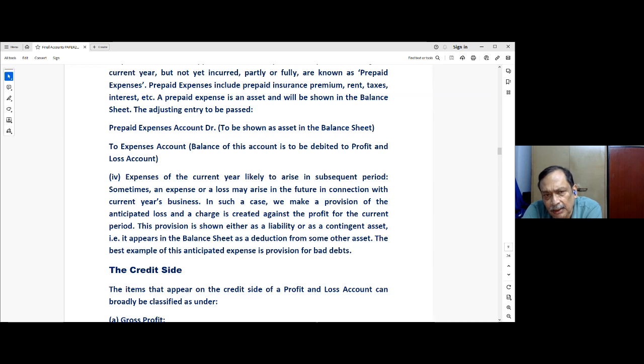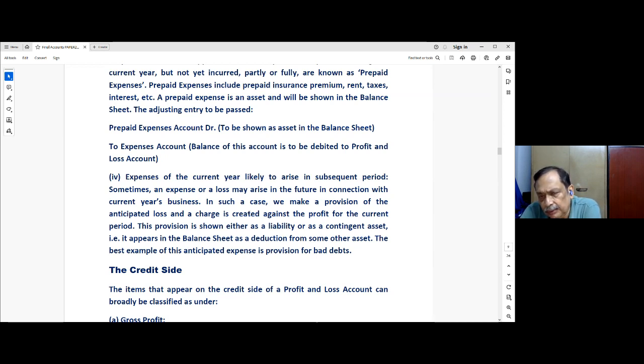Sometimes an expense or a loss may arise in the future in connection with the current year's business. In such a case, we make a provision for the anticipated loss and a charge is created against the profit for the current period.